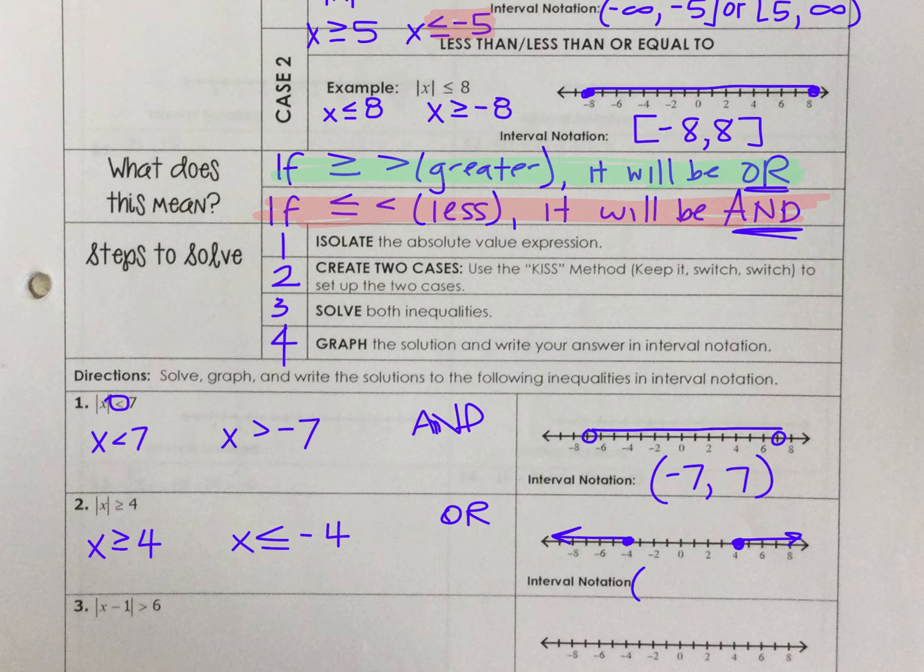So when I read this from left to right with my magical lightsaber, the first thing I come to is that arrow that's pointing to negative infinity. Negative infinity to -4 bracket, or bracket 4 to positive infinity.